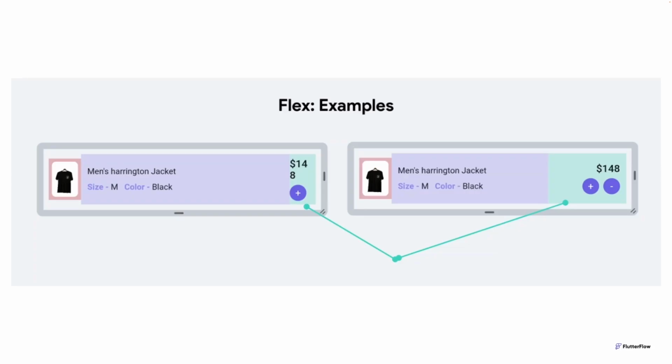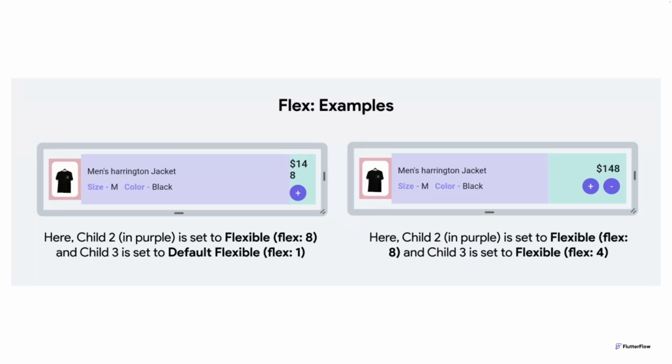Additionally, you can utilize flex factors to determine the flexibility of a widget within its parent container. A flex factor is an integer assigned to a child widget, indicating its proportional size compared to other children in the same parent. When you assign a flex factor, the widget can expand to fill any available space in the parent container.